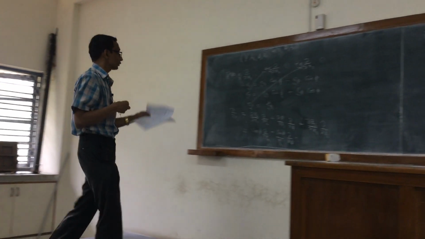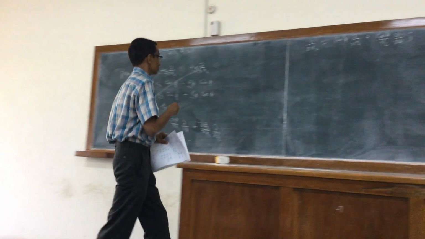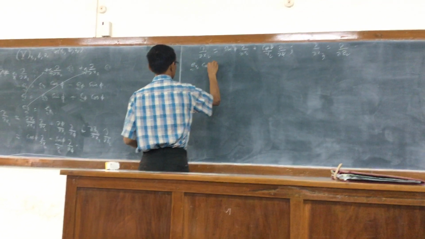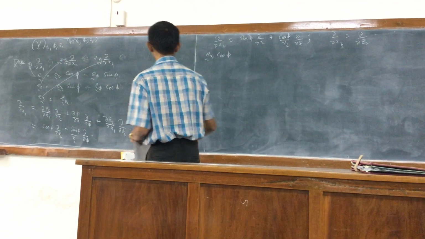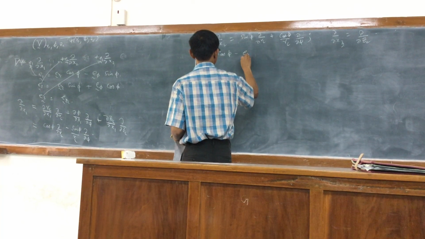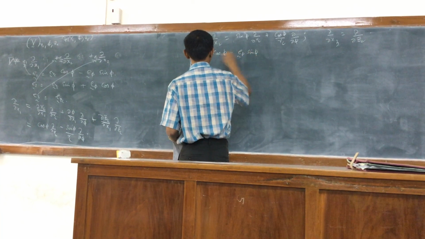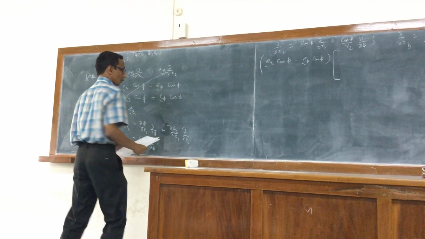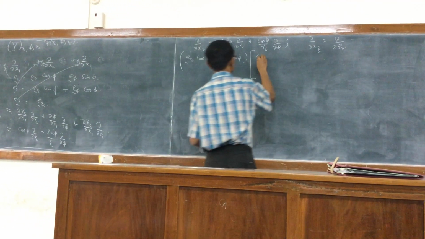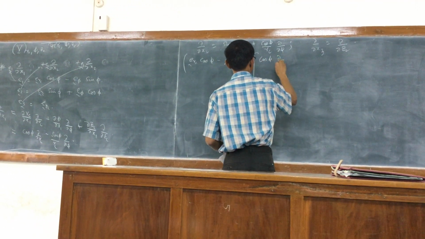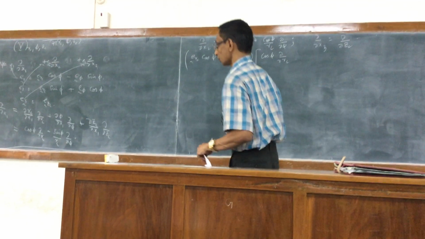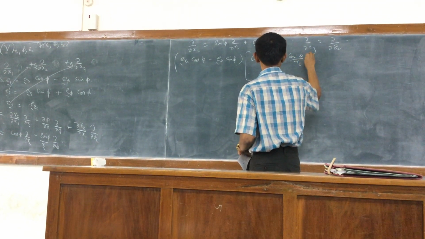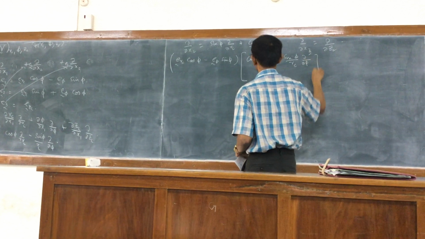So now I have to substitute. Let's do the process of substitution properly and see what happens. I have ERC cos phi minus E phi sin phi. I have to multiply this by the operation d by dx1, which is cos phi d by drc minus sin phi by rc d by d phi.